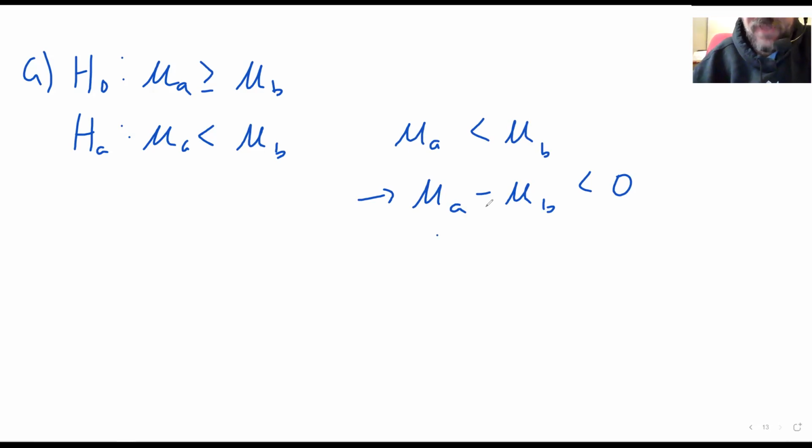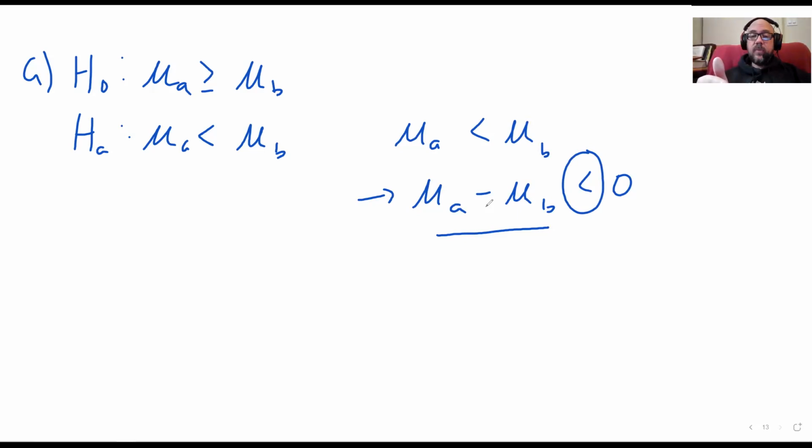And the reason I care about that is that I have to do the subtraction in this order to use that alternative hypothesis. And that's what the calculator is going to ask us for: do we want this to be greater than, less than, or not equal to? And so the order of subtraction determines what direction the symbol in the alternative hypothesis points. So be really careful with this.